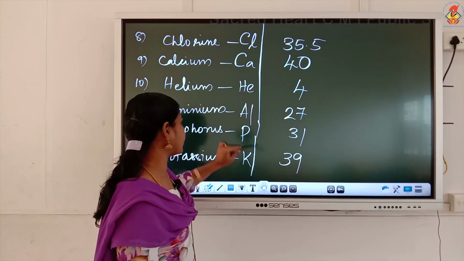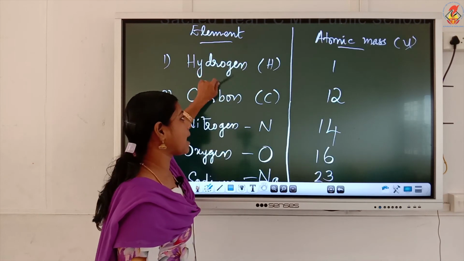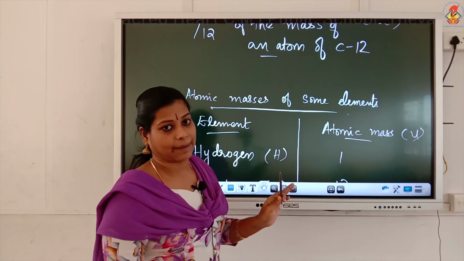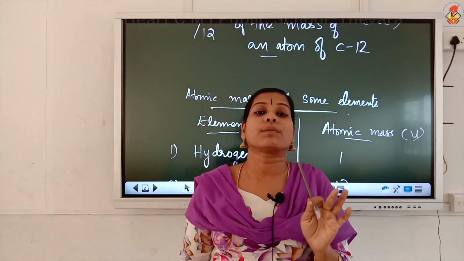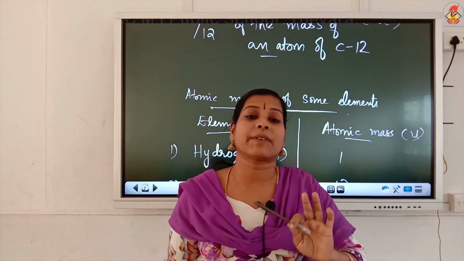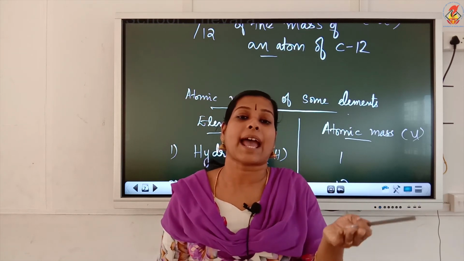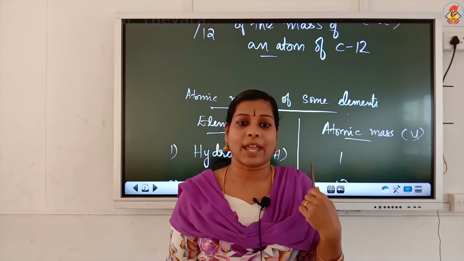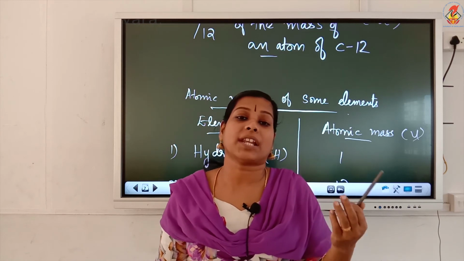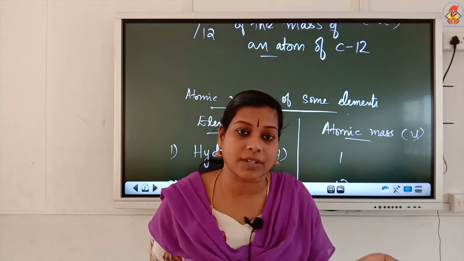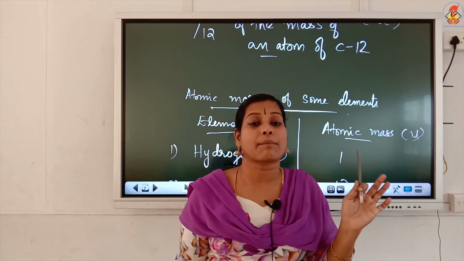Once again, we can see that atomic mass is the mass of an atom. And nowadays we are using the relative atomic mass with respect to a standard atomic mass. We are comparing the taken atom's mass and telling. Initially the reference standard was hydrogen. Now we have changed that to carbon 12.